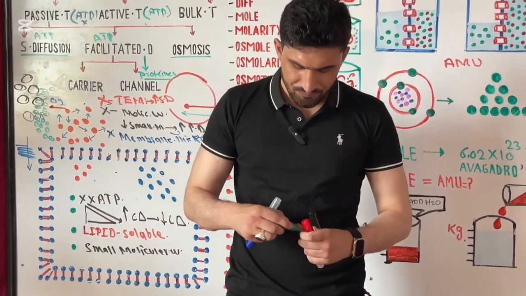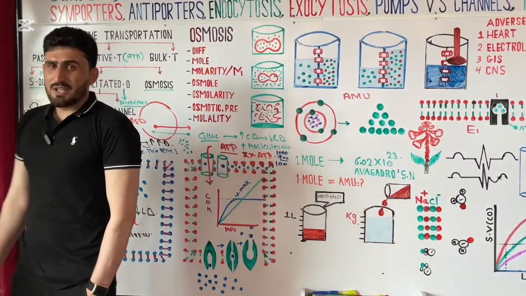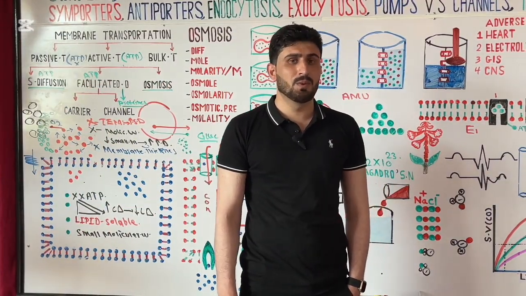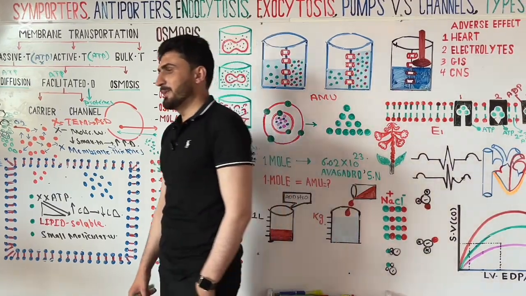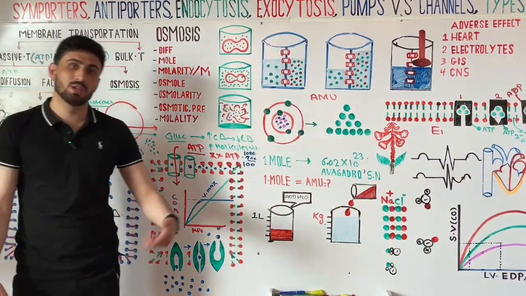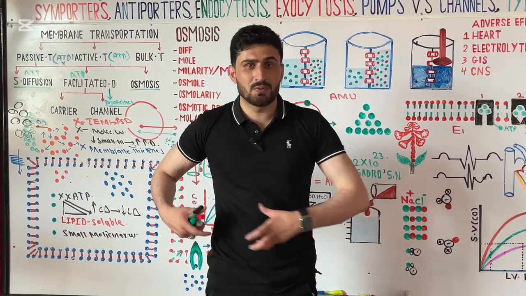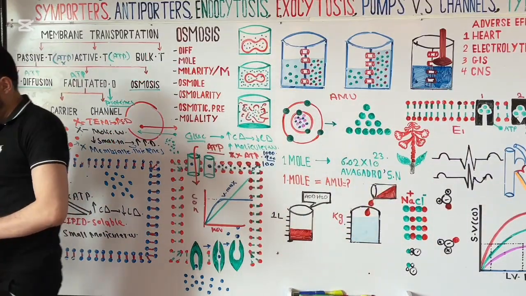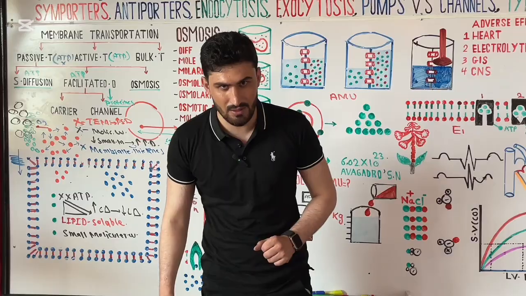For example, in diabetes mellitus patients, when we check the urine of the patients, we will find glucose in urine, okay. But in a normal person we don't have glucose in urine. Why? Because in a normal person, when we filter glucose through the kidneys, all glucose will be reabsorbed after some time by the kidneys, okay.